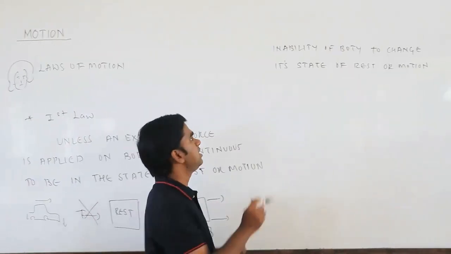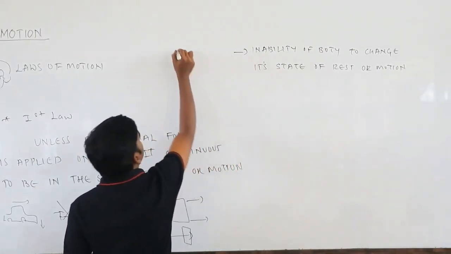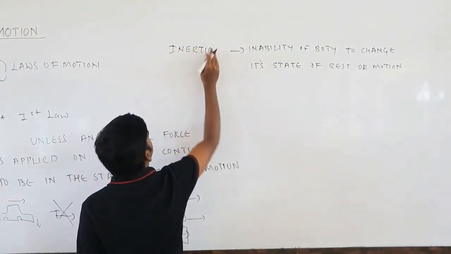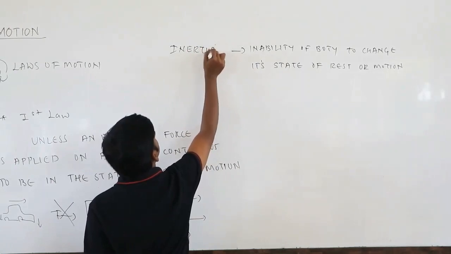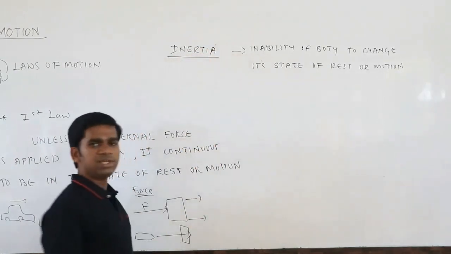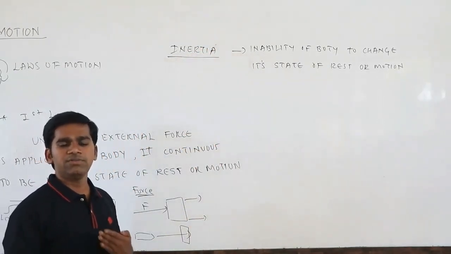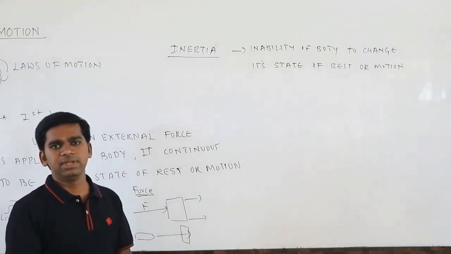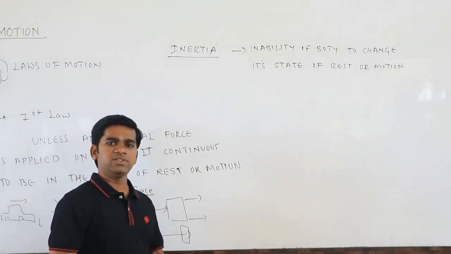This inability, we call it inertia. A very important term. Inertia is the inability of the body to change its state of rest or motion by itself. If you apply force and it changes, no problem.